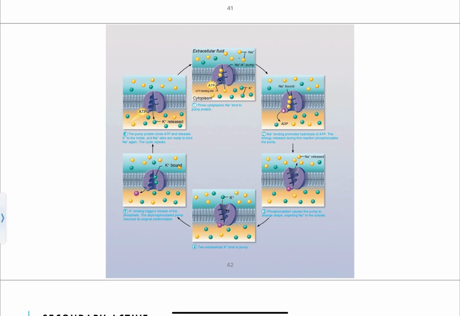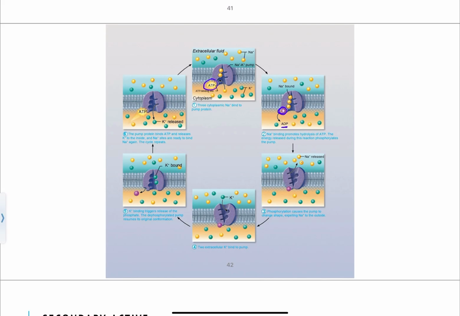Anytime you move something against the concentration gradient, it's going to require energy. So we're going to use our ATP right here. We can see that our terminal phosphate was used to provide the energy for the sodium to bind. So the phosphate right here from ATP is bound, and we're left with adenosine diphosphate down here. So it's going to pump 3 sodium out.